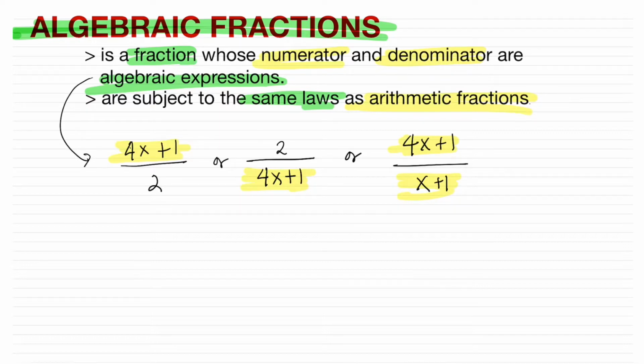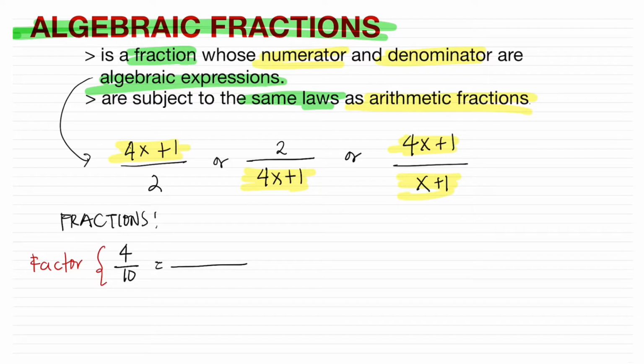Now what does it mean when we say same laws? For example, we have here 4 over 10. What we do is we try to factor this to find common terms.